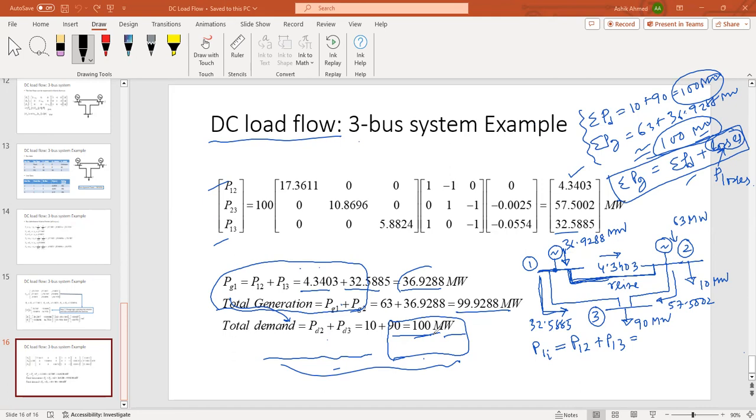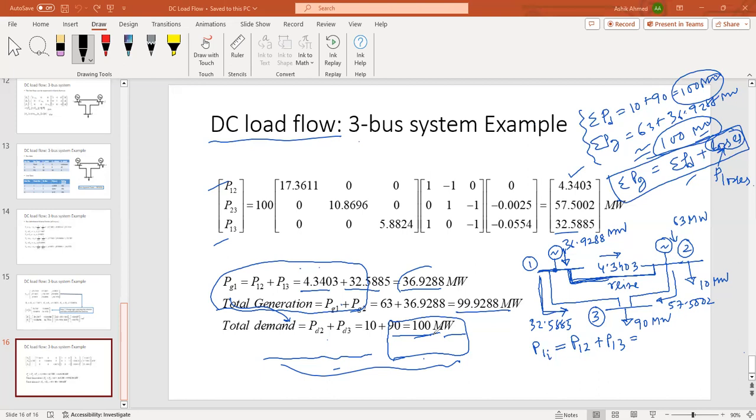These are the advantages, but the disadvantage is that we do not have any information about the bus voltage magnitude deviations, because all bus voltage magnitudes are assumed to be 1 per unit. Second disadvantage, we do not have any information about the Q flow through the lines. So these are the disadvantages or shortcomings.